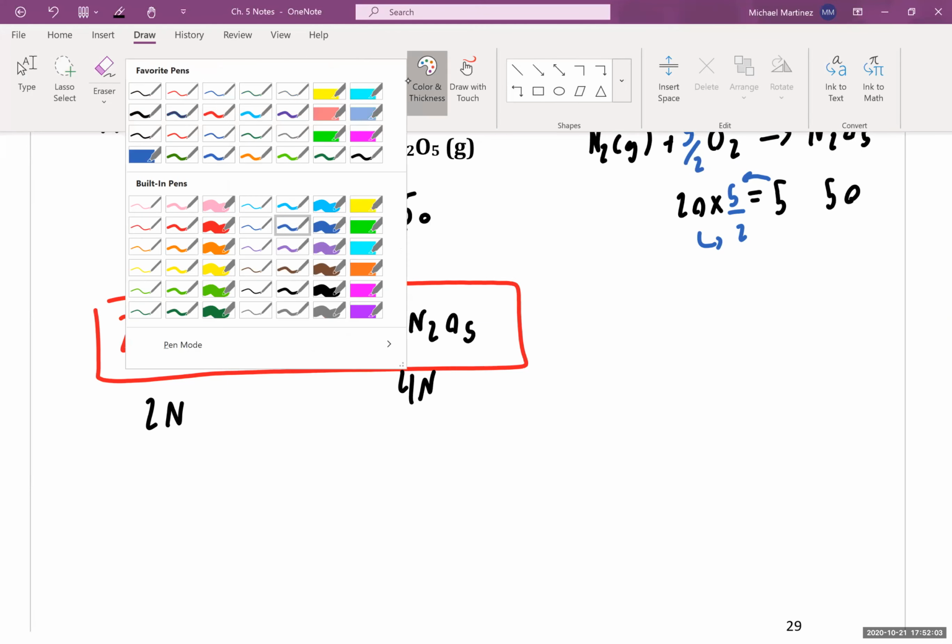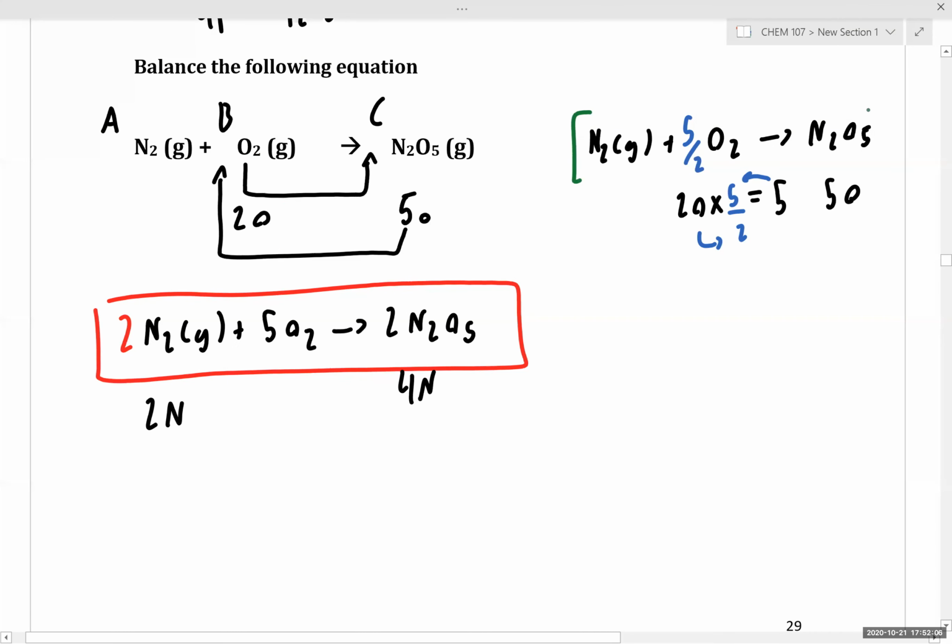Now, this equation is balanced in terms of atoms, but we're not quite done. We need to multiply this equation to get rid of our fraction. So what number should we multiply all of our coefficients by to get rid of our fraction? If we have a 2 on the bottom, what should we multiply all of our coefficients by to get rid of this fraction? We'd multiply all of our coefficients by our bottom number, which is 2, as that would get rid of our fraction.